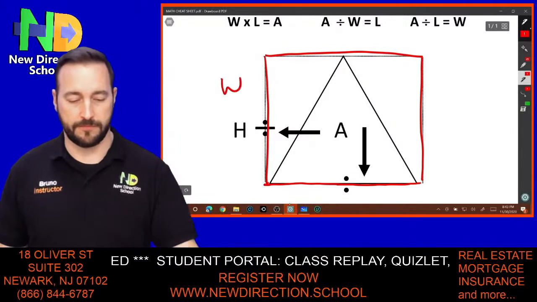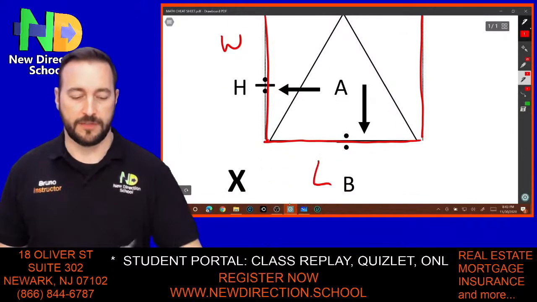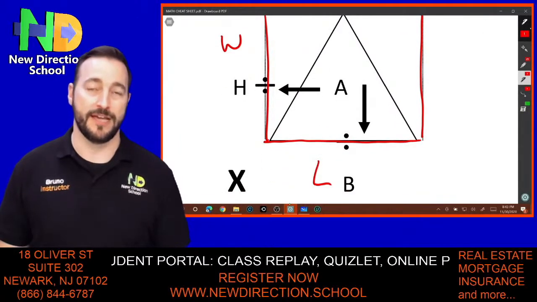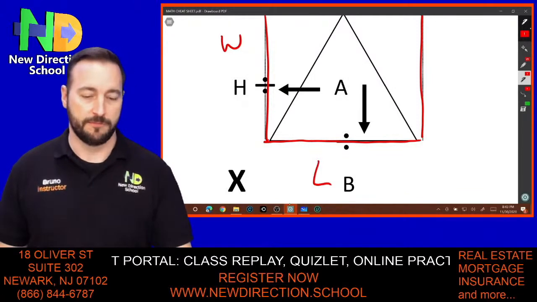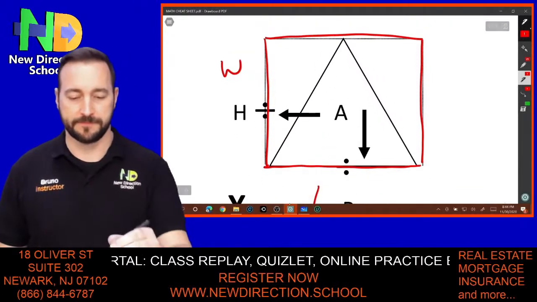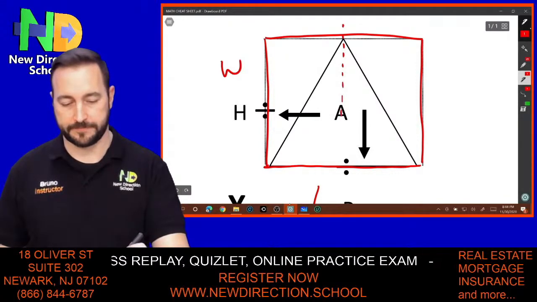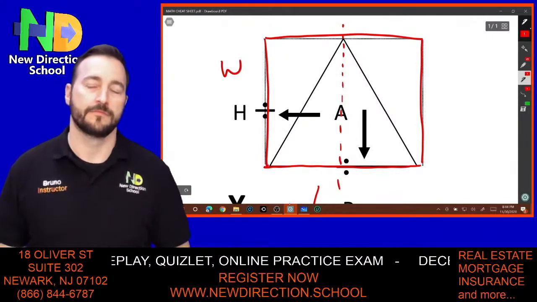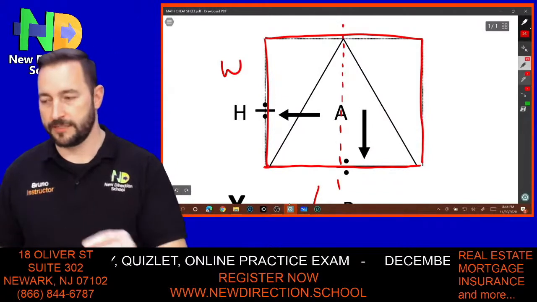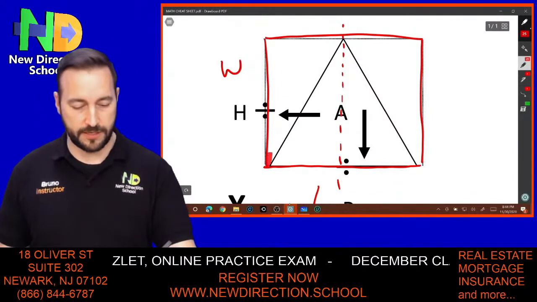So width times length is going to give you the area of the rectangle. But that's not what we have. We have a triangle, right? Let's look at this. I'm going to cut this down in the middle. Right? And I want you guys to pay attention to what's here.